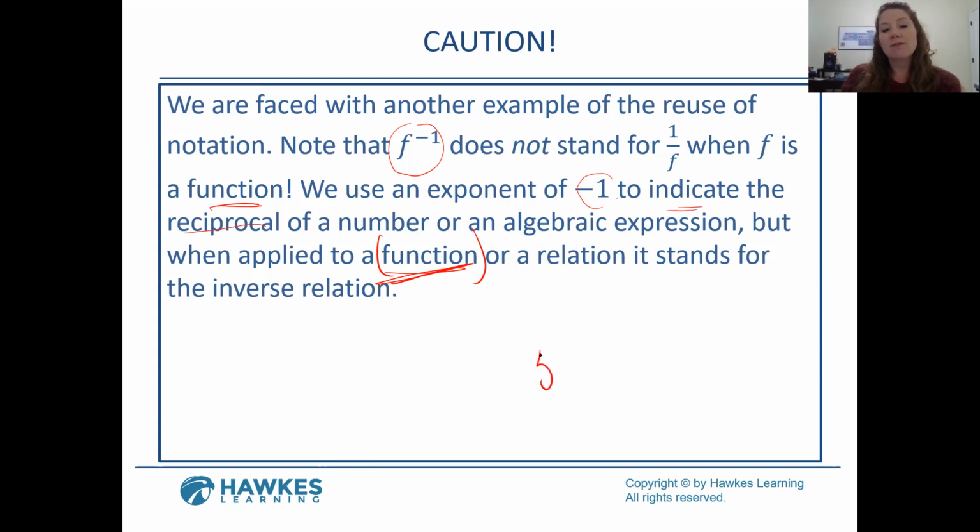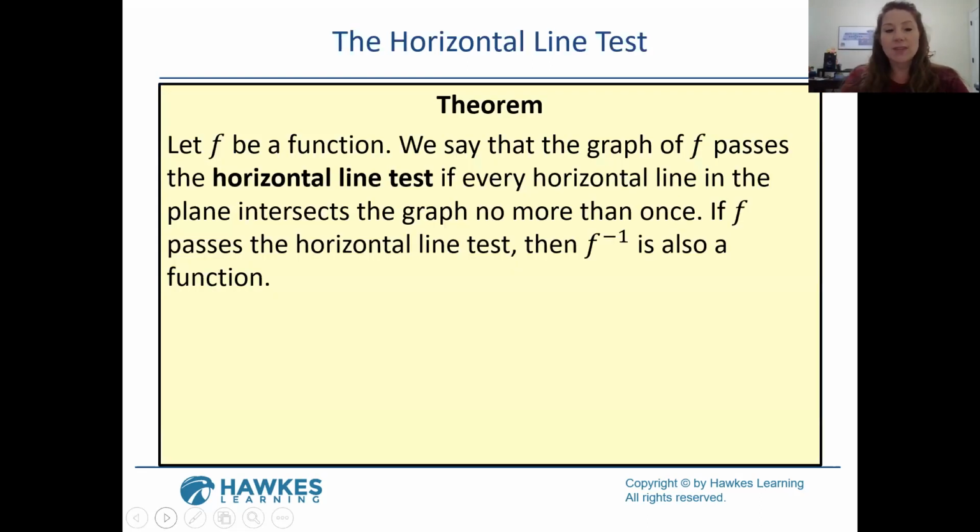So if we were talking about 5 to the -1st power, we would get this answer. But it looks like a similar notation, but it means something completely different when it's applied to a function or a relation. The -1 just indicates that we're talking about inverse. So be careful with the use of that exponent of -1.